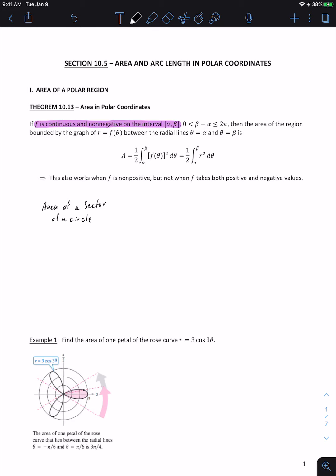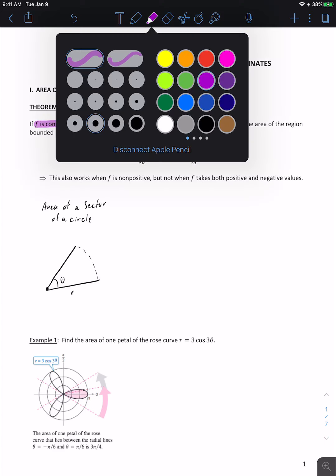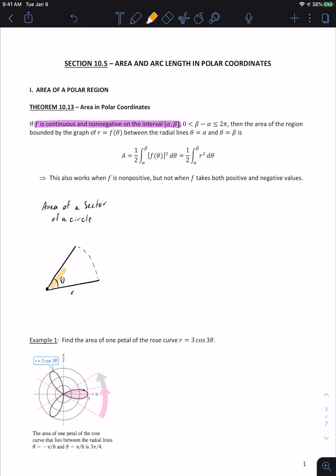So for example, if I had this point here and I had this sector of a circle, say this angle is theta, this is radius r, and I wanted to find this area right here. Well, how would I do that? The area of that sector would be 1/2 times theta times the radius squared.